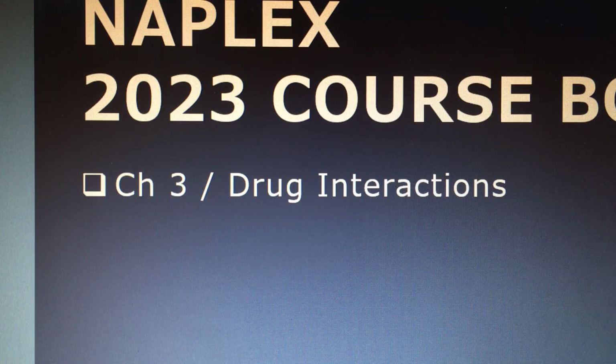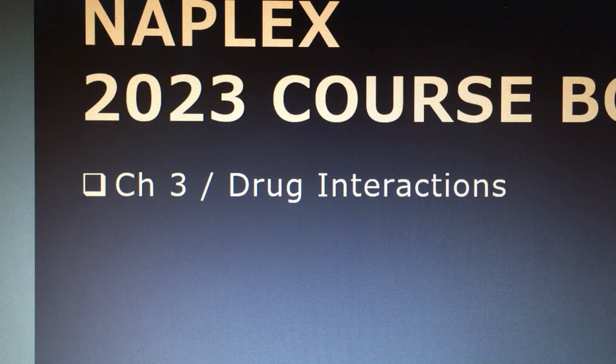We're looking at azole antifungals like fluconazole, itraconazole, ketoconazole, posaconazole, voriconazole, and we're looking at cyclosporin, macrolides like clarithromycin and erythromycin, but not azithromycin.